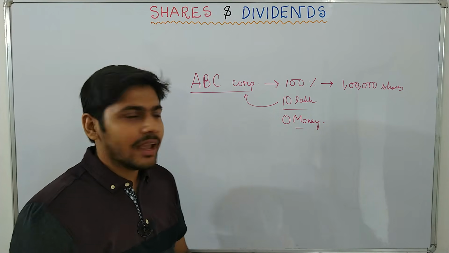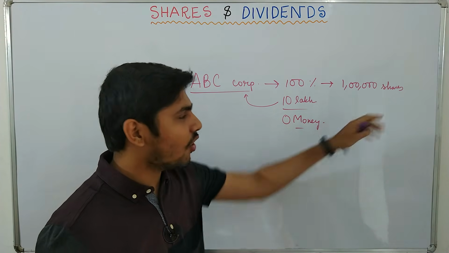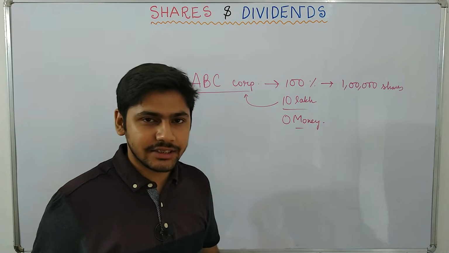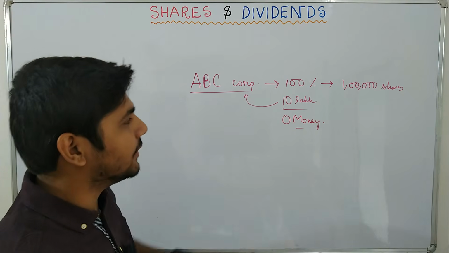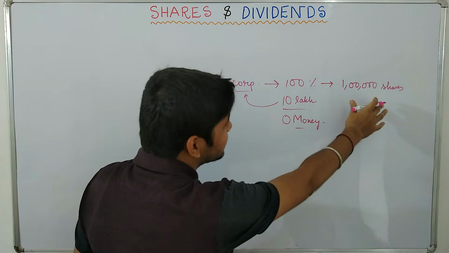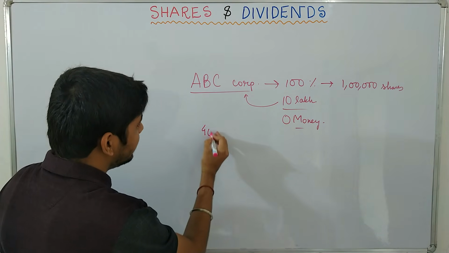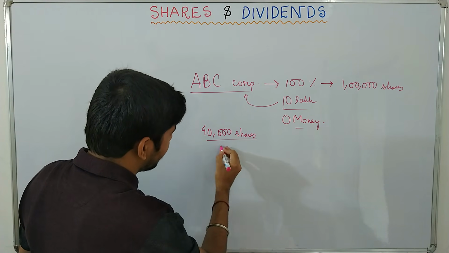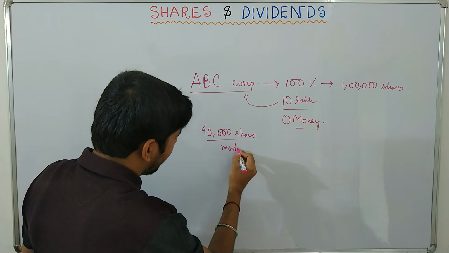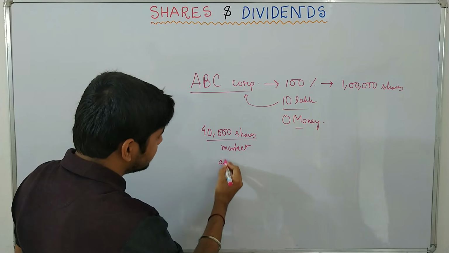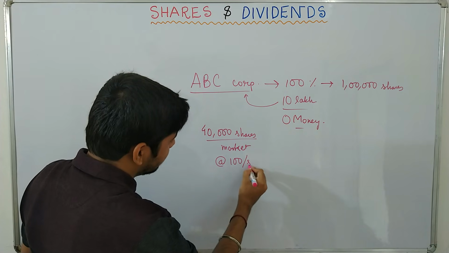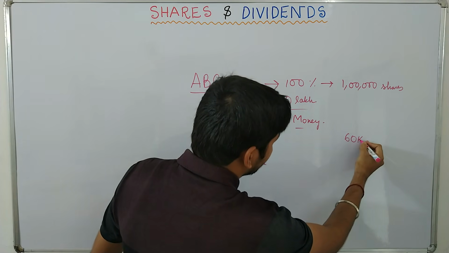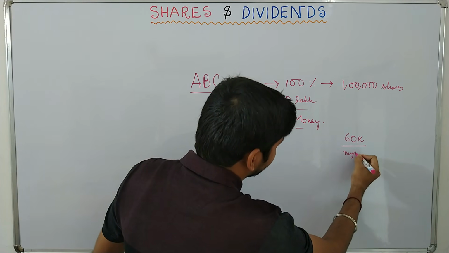So what do I do? I put up some of these shares on the market so that people buy those shares and I get money in exchange that I can invest in my company. Say out of those 1 lakh shares, I put up 40,000 shares on the market at rupees 100 per share, and the remaining 60,000 shares I keep with myself.